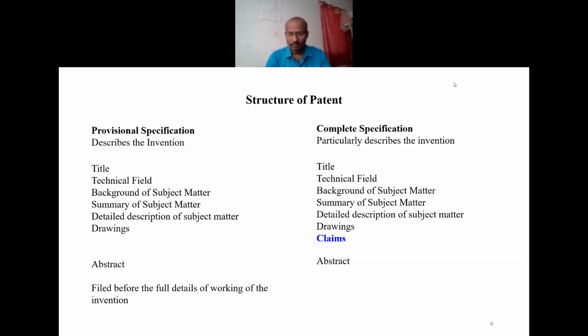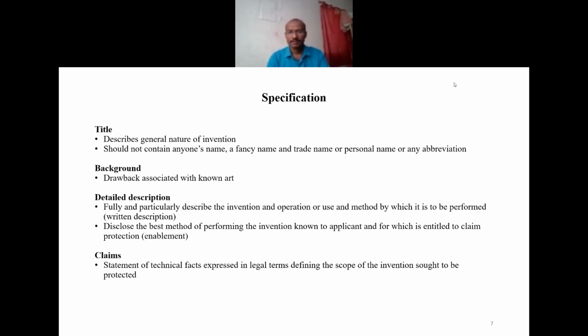Now, let us look in detail at those particular parts, like a specification contains a title. So how should the title be? Remember, while drafting a patent, it is just like drafting a story.